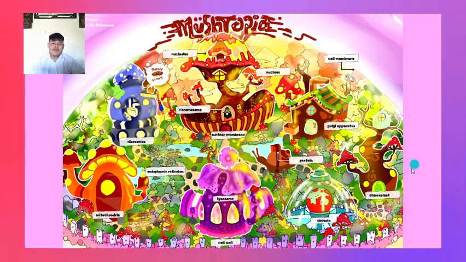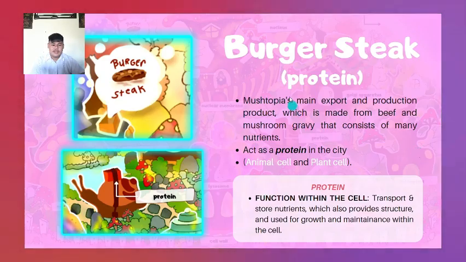So to elaborate, I am going to explain it one by one. So first, the burger steak. The burger steak acts as Mushtopia's main export and production product, which is made from beef and mushroom gravy, and consists of many nutrients.